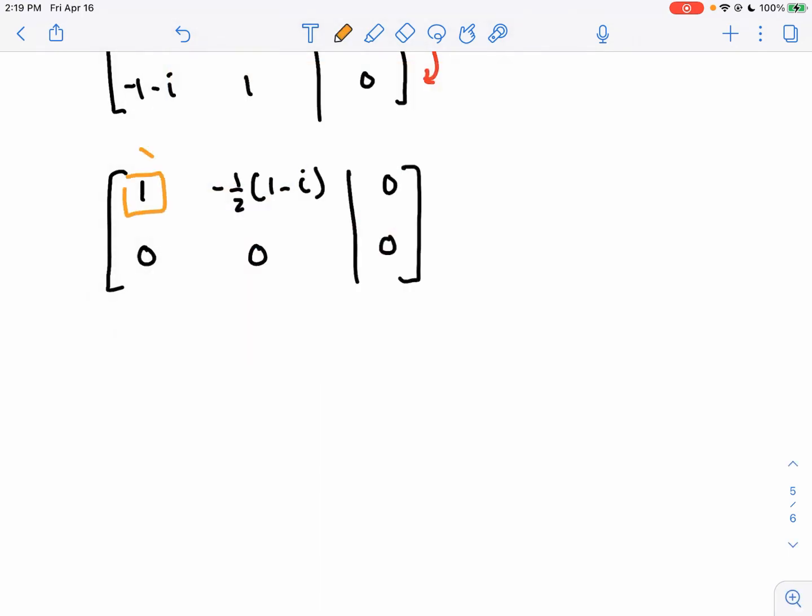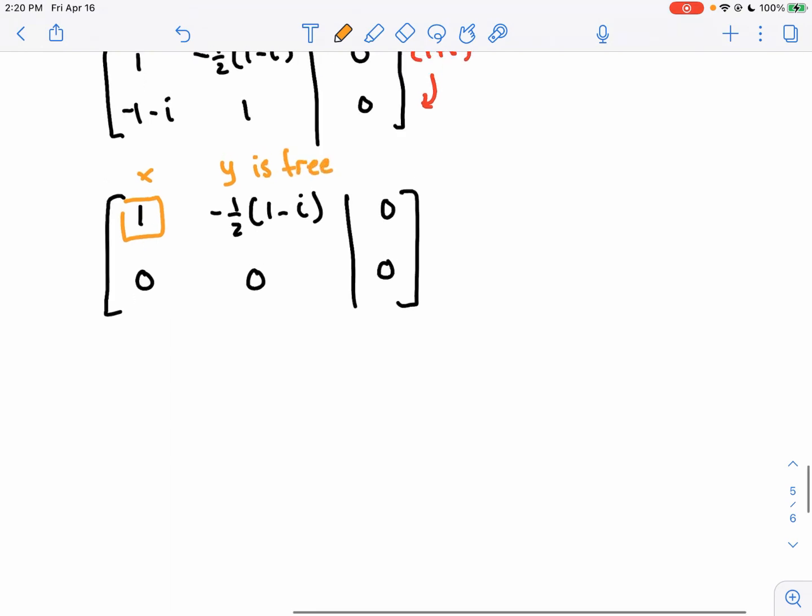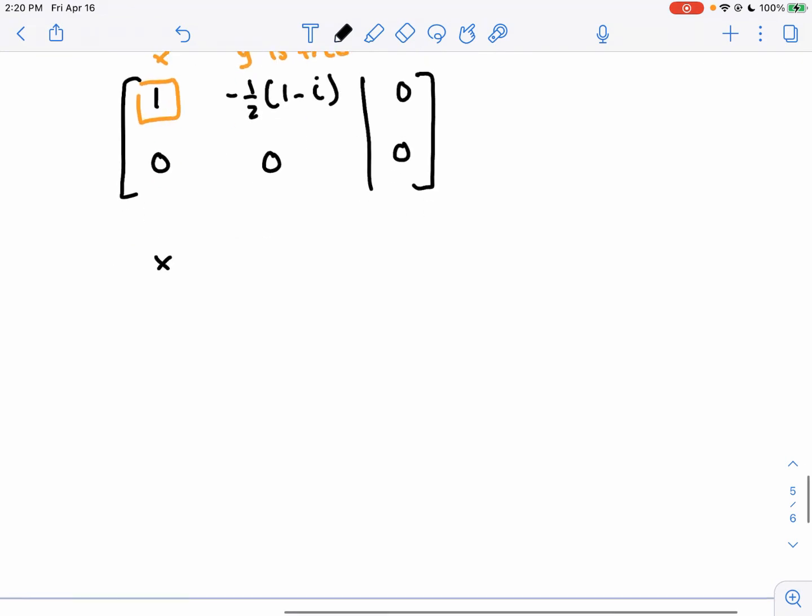So we have a leading 1 here in the x column. y, again, is free, because there's no leading 1 in the y column. And the first row yields the fact that x minus 1/2 times 1 minus i times y is equal to 0.